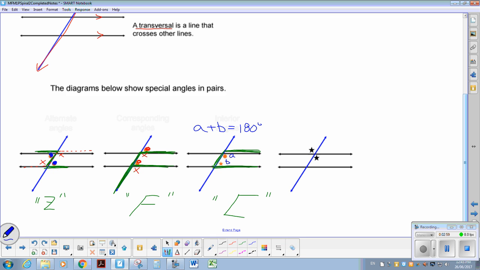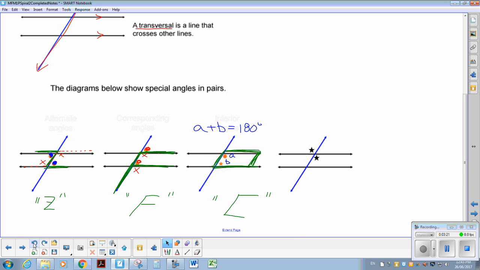Why is that? Well, think of it this way. If I was to close off this shape and make it a parallelogram, we know that there's 360 degrees inside a parallelogram. And don't circle this, I don't want to wreck yours. This is half of a parallelogram, so half of 360 is 180. So that's why those two angles add up to 180.